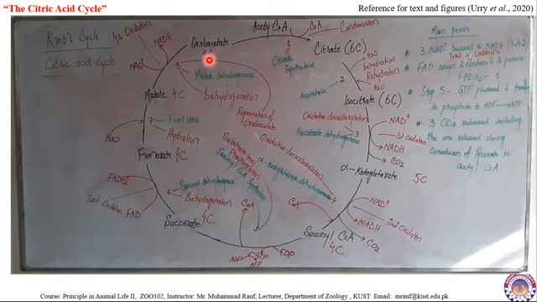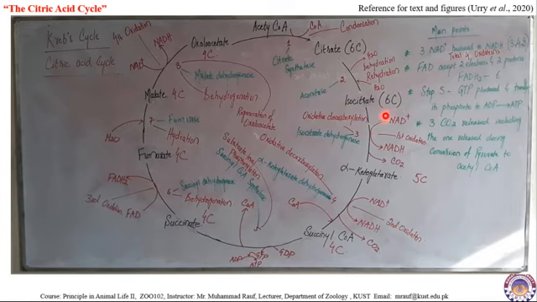Oxaloacetate is a 4-carbon molecule, and the 2 carbons in acetyl coenzyme A combine with it, so it forms a 6 carbon molecule. And then in the second step there is first dehydration and then rehydration. Water is added again, so it forms isocitrate, which is also a 6 carbon molecule.